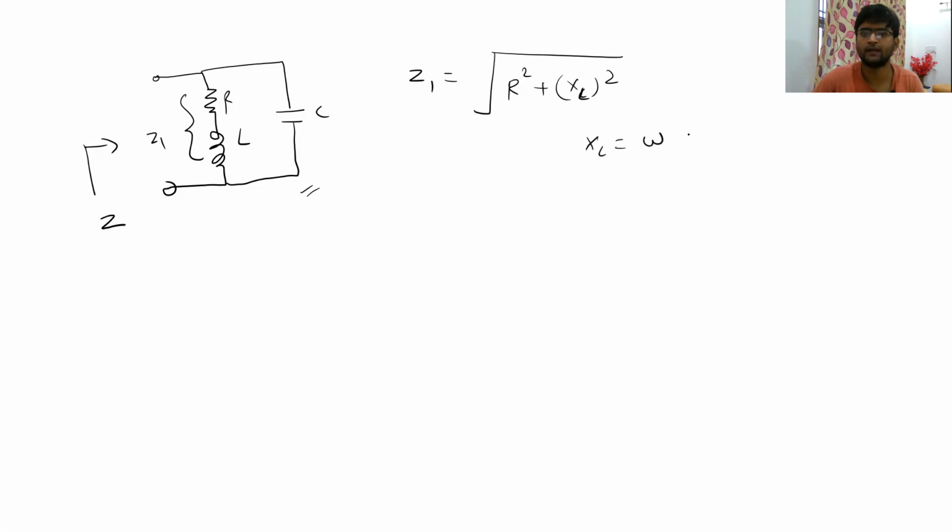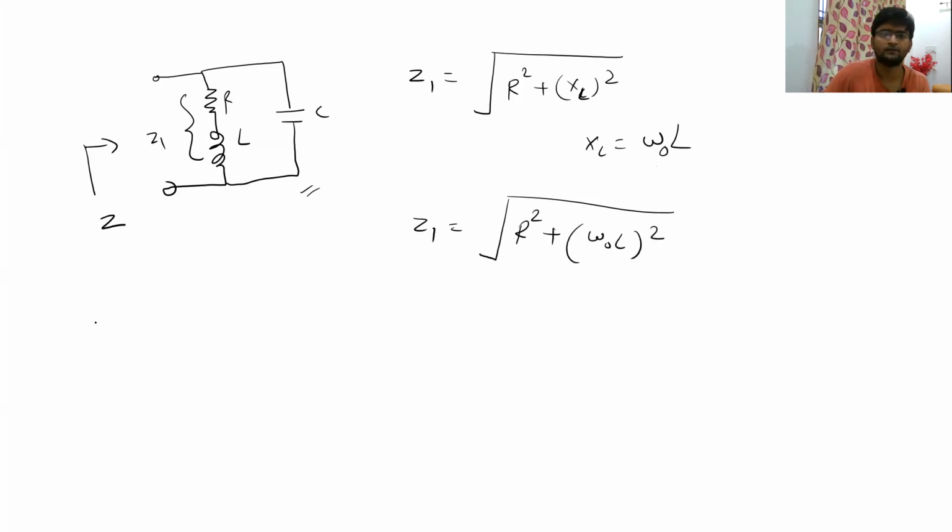So you know what XL is? XL is omega L, and in the case of resonance, it is going to be omega naught L. And you already calculated the value of omega naught in the previous slides. So if I put the value of omega naught here, what I will get is Z1 is equal to under root R square plus omega naught L whole square.